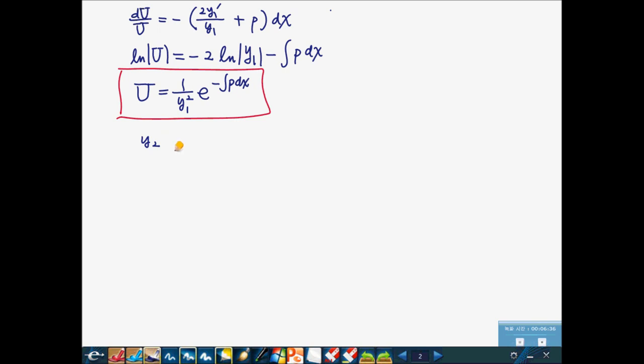So y2 is y1 times u, and that is y1 times the integration of big U, right? And the final y is c1 y1 plus c2 y2 all the time.